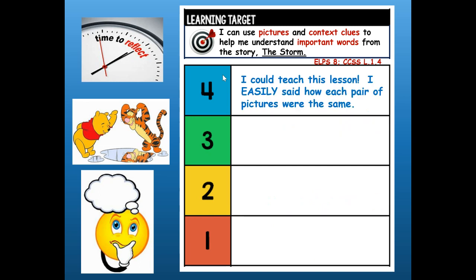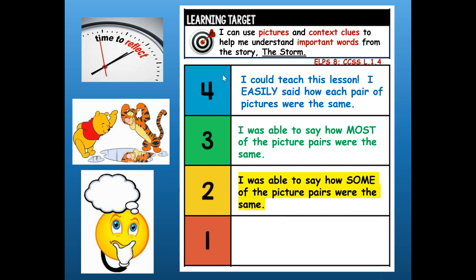You could write 4 on the top of your paper. I could teach this lesson. I easily said how each pair of pictures was the same. Or 3, I was able to say how most of the picture pairs were the same. Or 2, I was able to say how some of the picture pairs were the same. Or 1, I was not able to say how any of the picture pairs were the same.